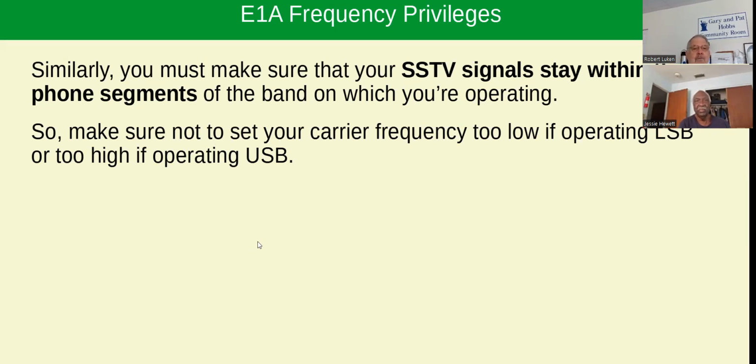Okay. So if you're doing slow scan TV, you've got to make sure that you stay within the phone/image segment of the band. It's the same kind of issue with upper sideband and lower sideband. So what is the width of the SSTV? I think it's 6.